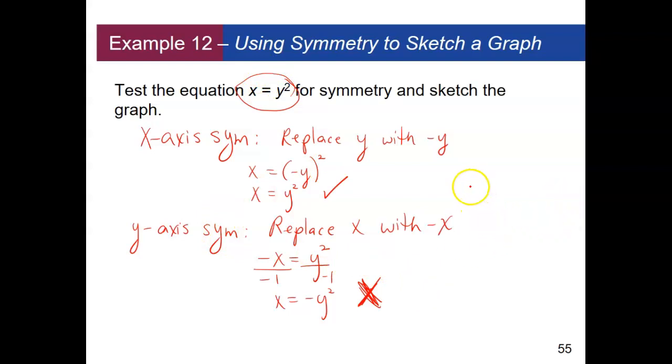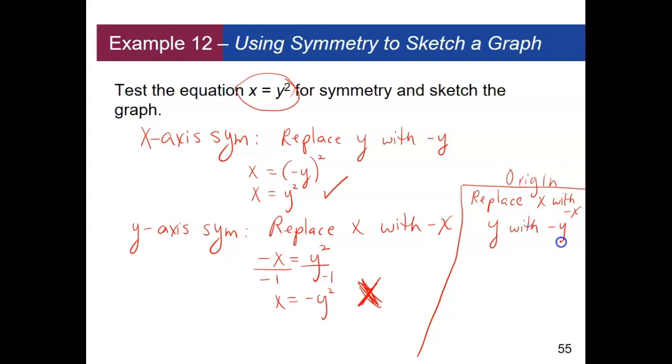And then finally, the origin, I'm going to kind of come over here. For the origin, we do both replacements. We replace x with negative x, and we replace y with negative y. So, again going back to this original, we'll have negative x equals negative y squared.